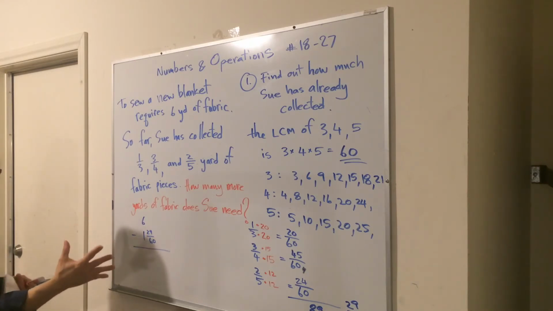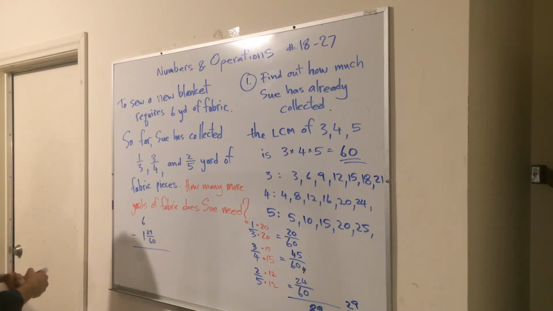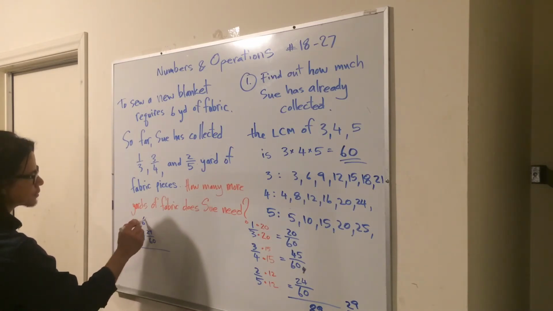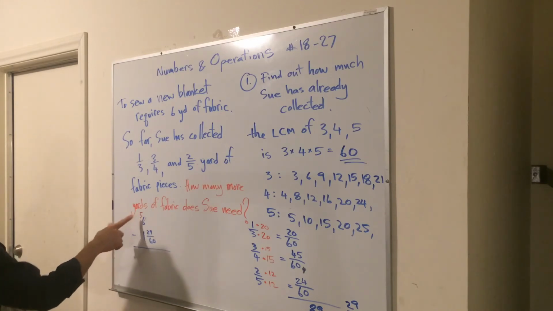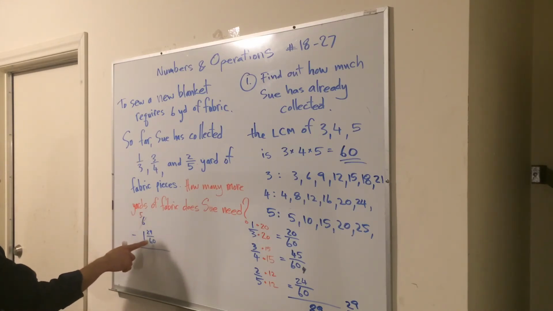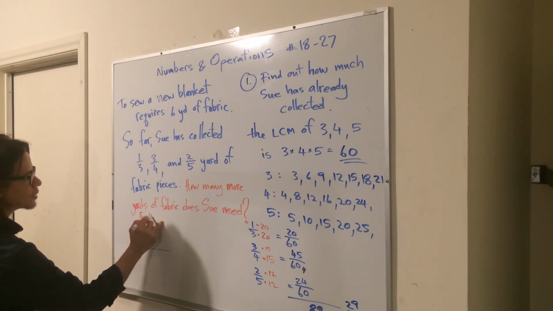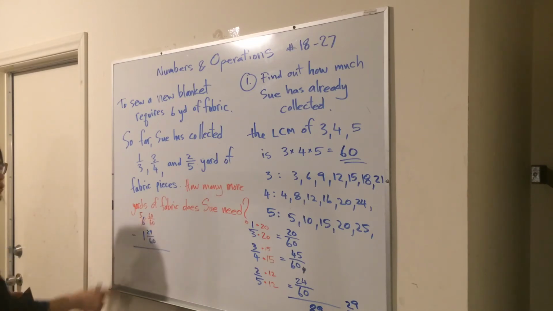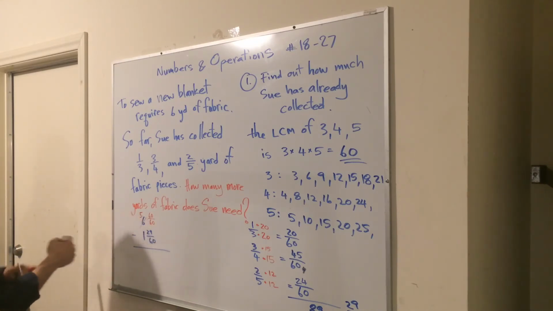This is a little bit tricky. Since there's nothing here, I'm going to put something there. To do that, we need to borrow 1 from the 6. The 6 becomes a 5. If you borrow 1, remember 1 is the same as 60 over 60. Any number over itself is 1. So this will give us something to work with here.